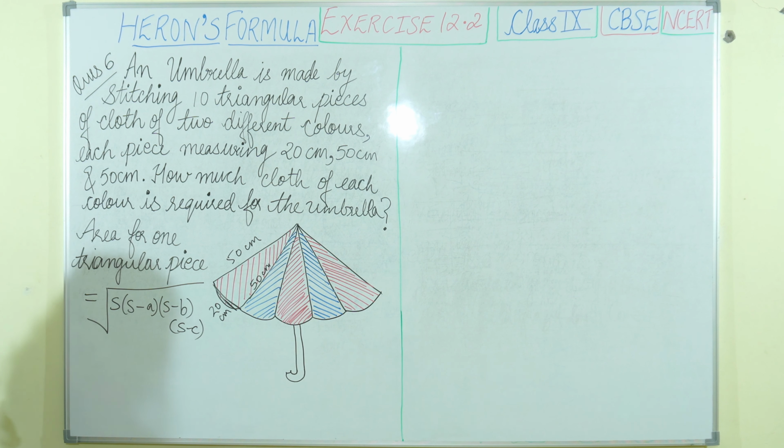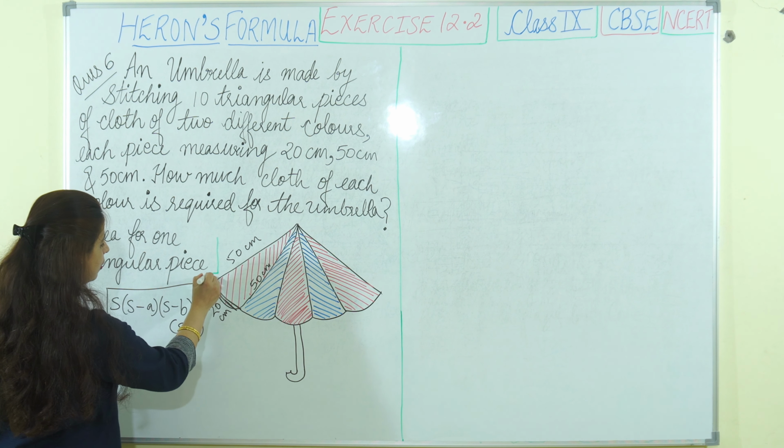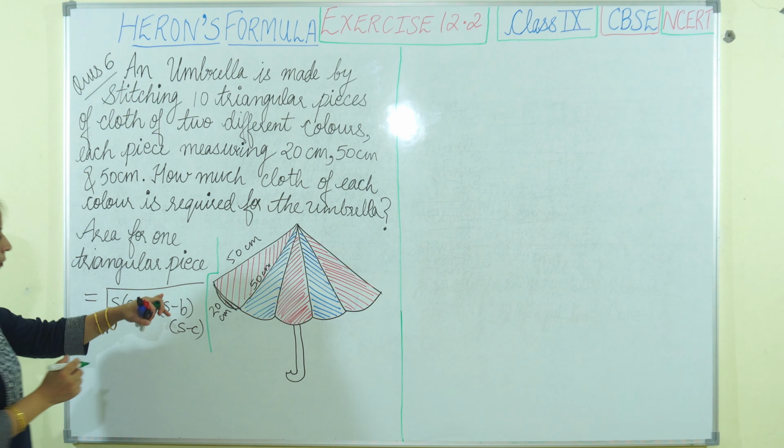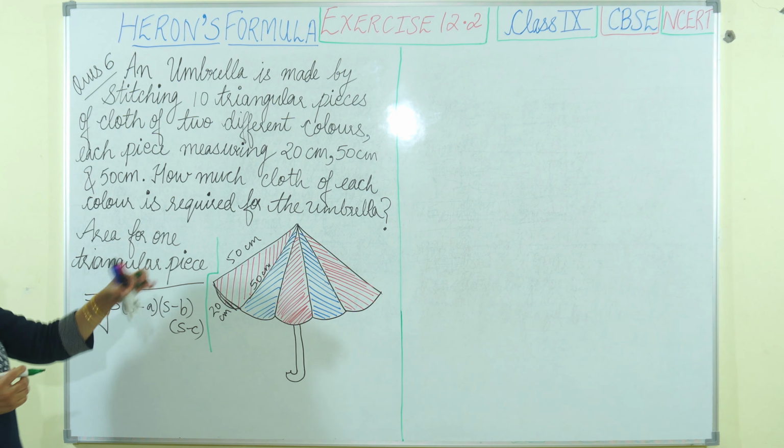We will substitute those values and find the area of one triangular piece. First we need to find the semi-perimeter, since we don't know it right now: S minus 20, S minus 50 and S minus 50.